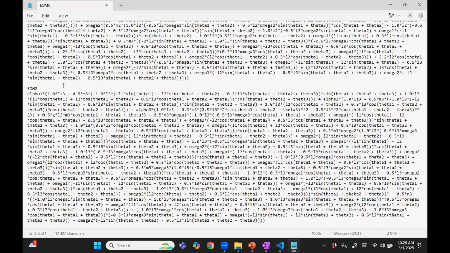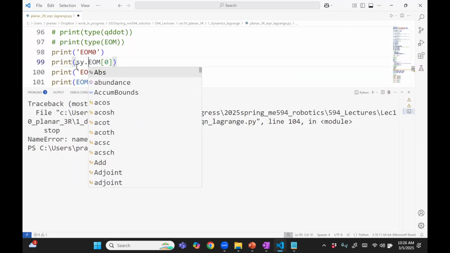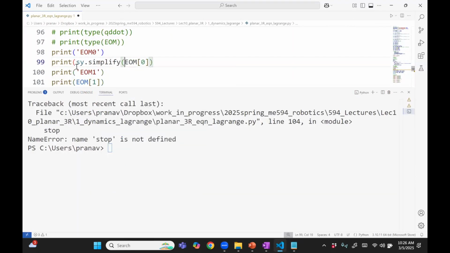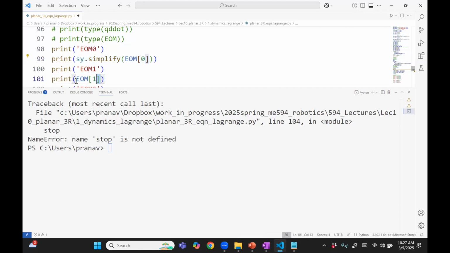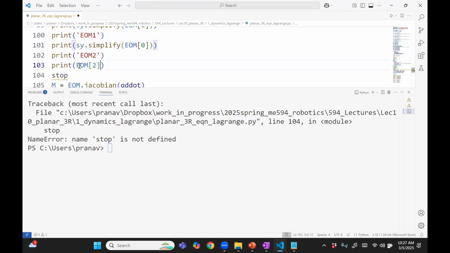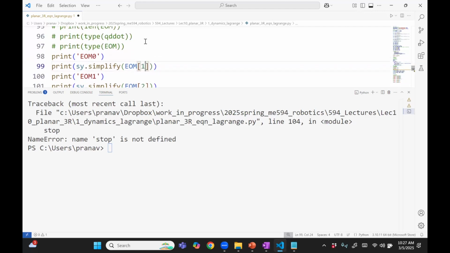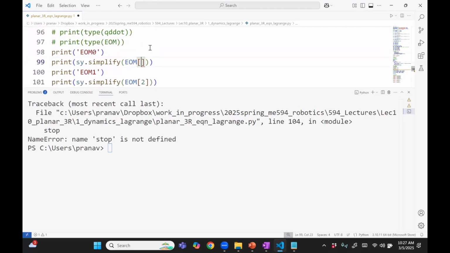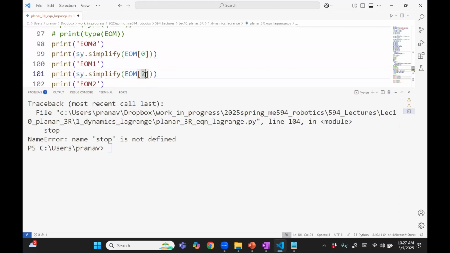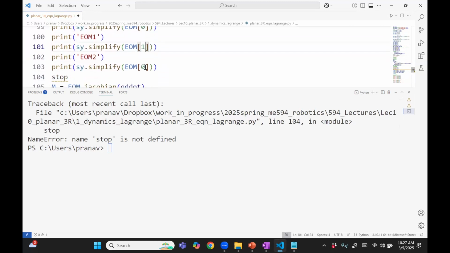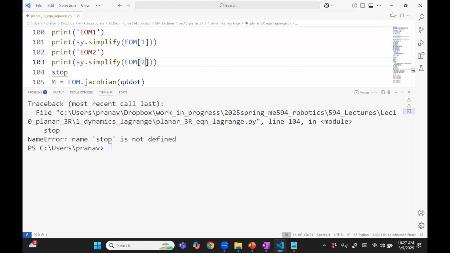Okay, now we can use simplify. Let's see if that helps. You do sy.simplify. No, 0, 1, and 2. Okay, now let's run this.